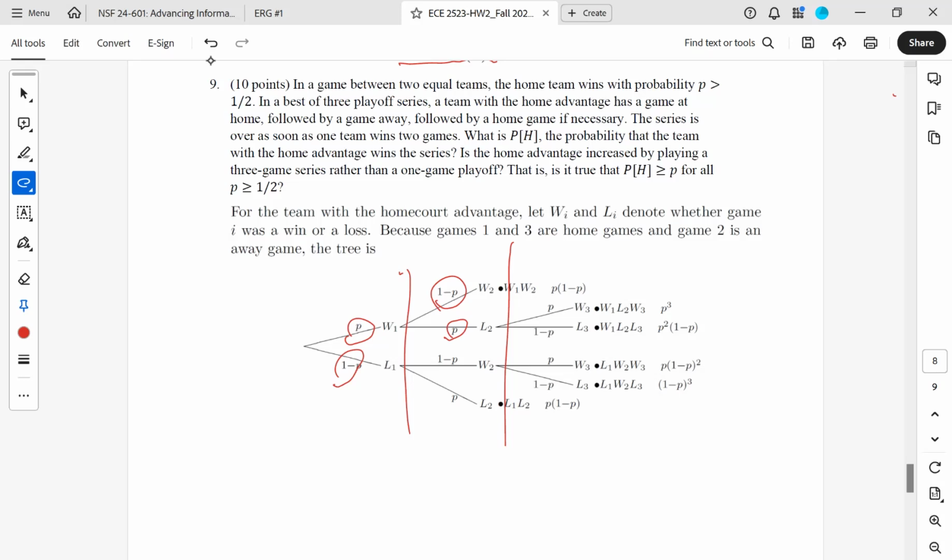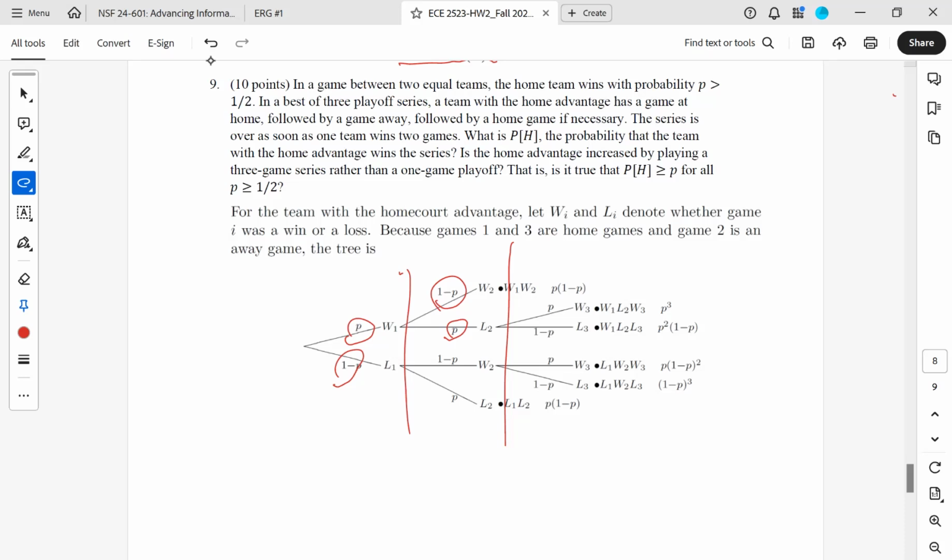And for the third game, since the condition is that the team with two wins wins the competition and the competition is over, the branch of W1, W2 would not have any possible branches on the third game, okay?